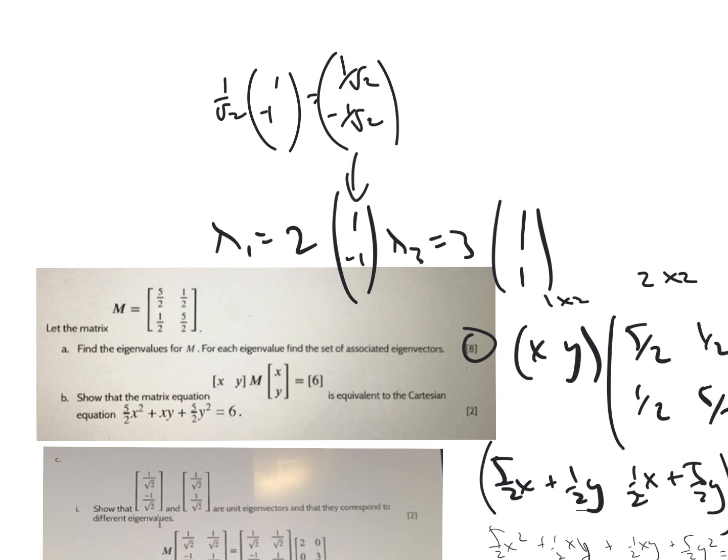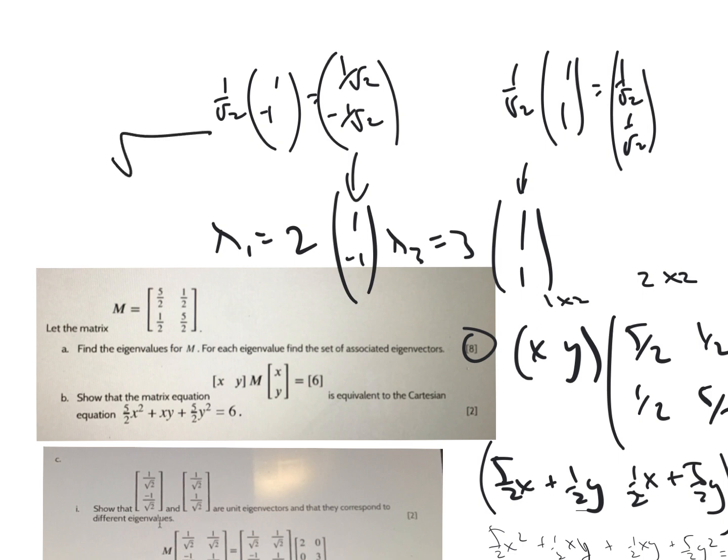And similarly, if I multiply this one by 1 over root 2 times 1, 1, I get 1 over root 2, 1 over root 2. To make sure that it is a unit length, if I do the magnitude of 1 over root 2 squared plus negative 1 over root 2 squared, that is equal to 1. So therefore, it is a unit eigenvector.